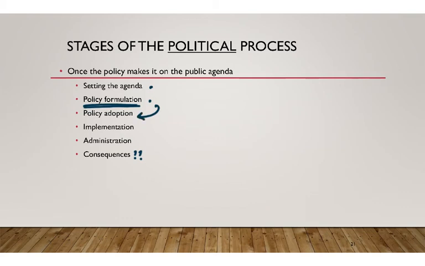Once it's adopted, it goes into the implementation phase where it becomes a reality. And then there's ongoing administration of that policy. And that is where, remember back to the government lecture, we have administrative agencies in the government that typically are the ones administering the policy.